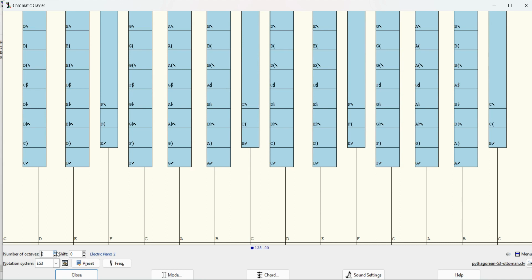This is something very close to neutral third. Another interval that we can get.